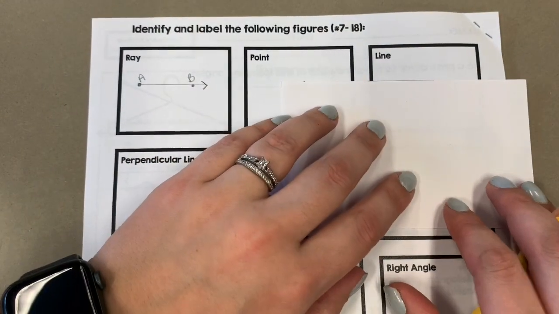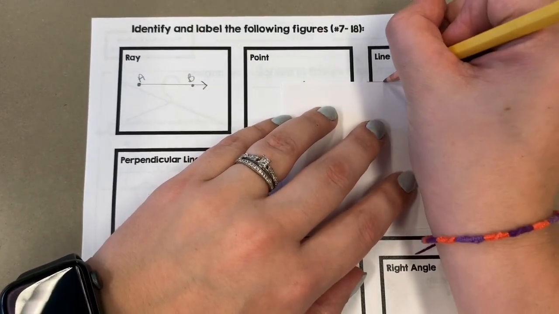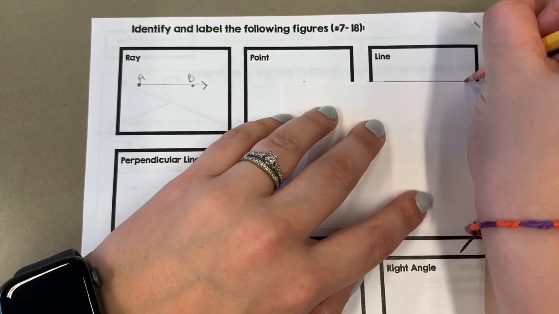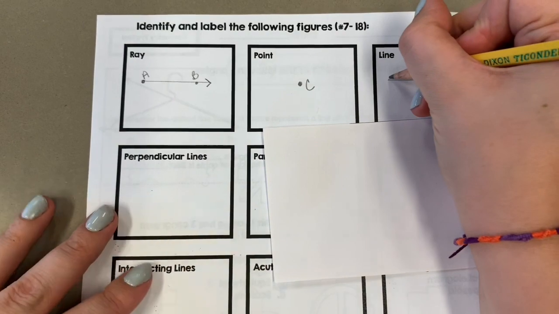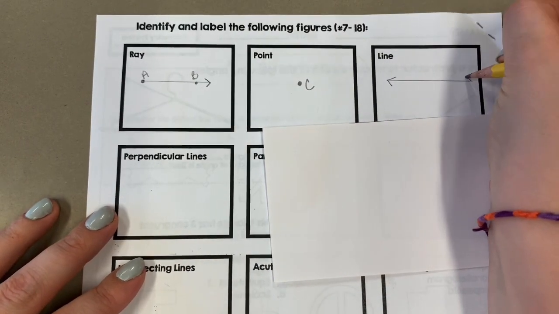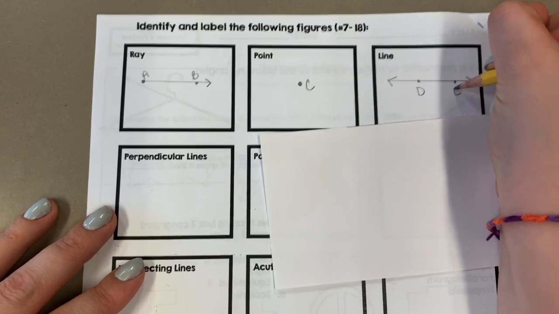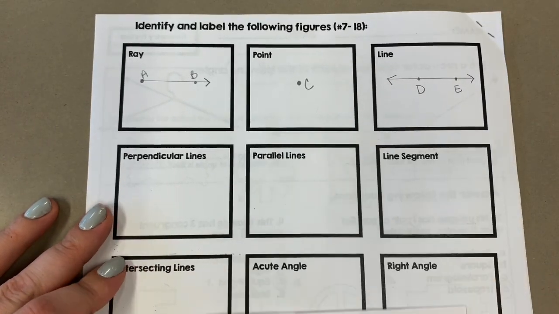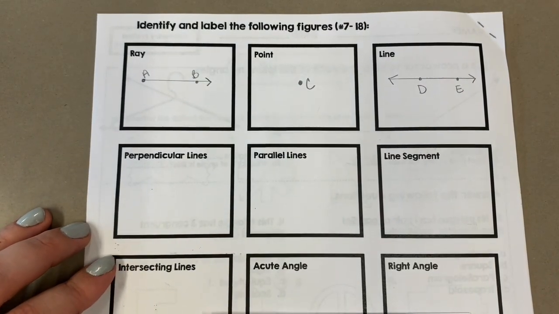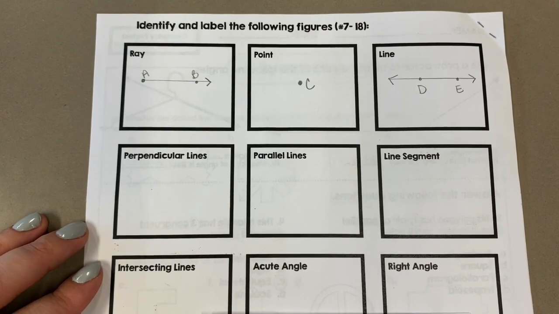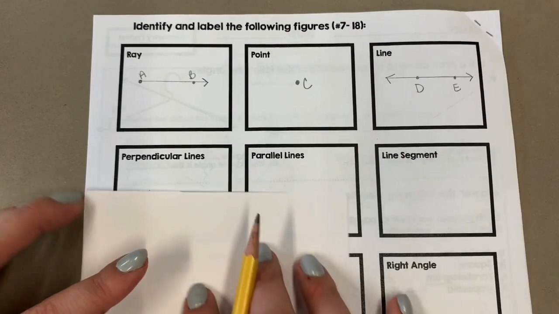Draw a line. A line follows a single path and goes on forever in both directions. That is line D, E. Perpendicular lines. Perpendicular lines are intersecting lines that cross perfectly at 90 degrees.